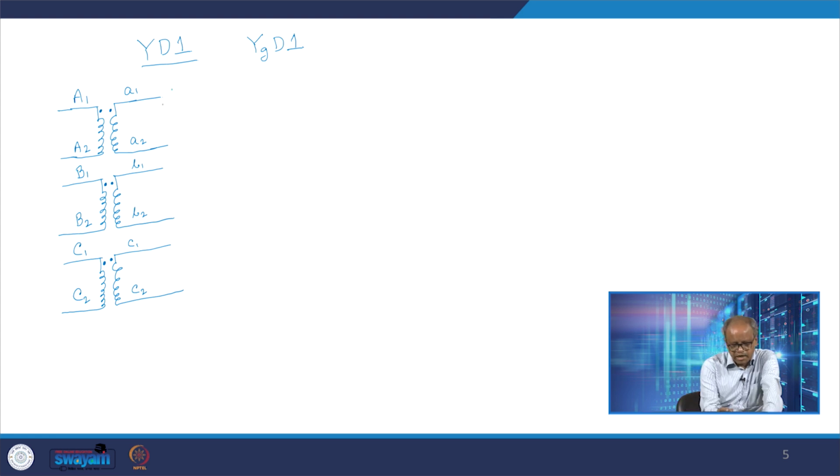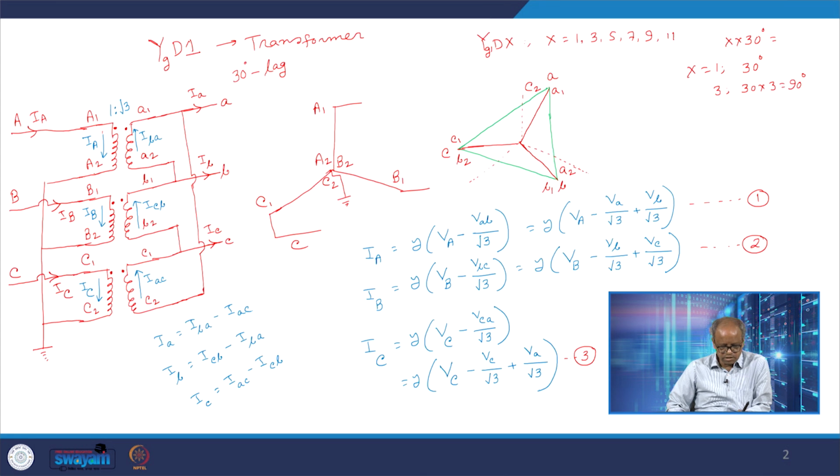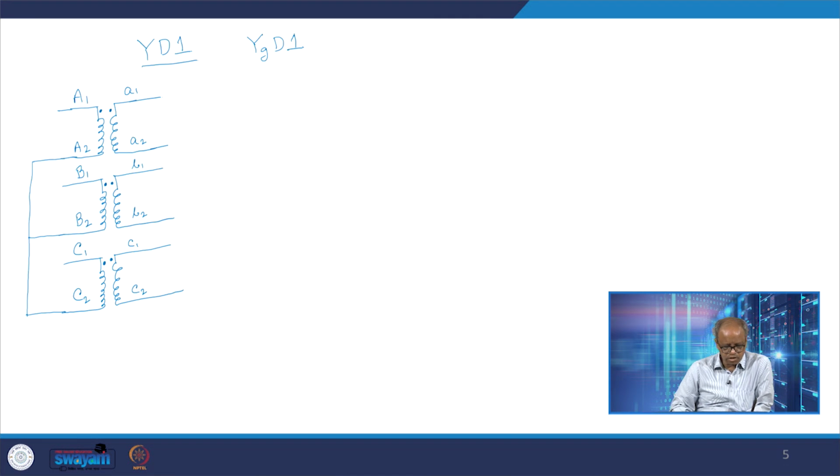Here it is YD, so we make a Y connection. For the Y connection, we connect A2, B2, C2 together, but because it is not grounded, we are not grounding it. Just to emphasize, in the last case we connected A2, B2, C2 together and grounded it, but here we are not grounding it; otherwise it is the same.